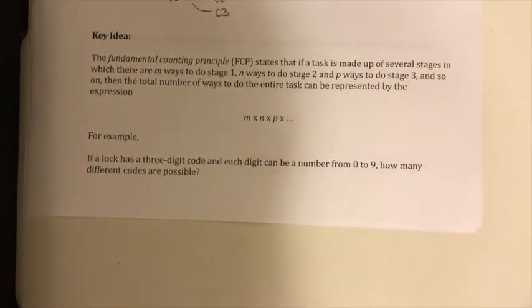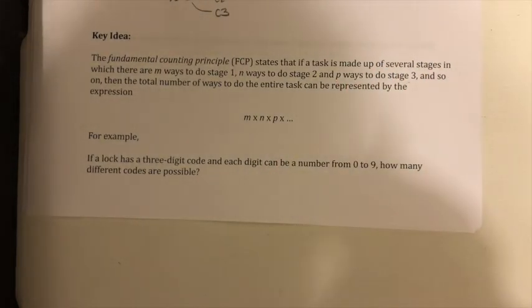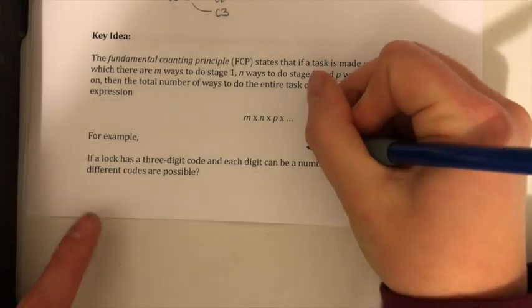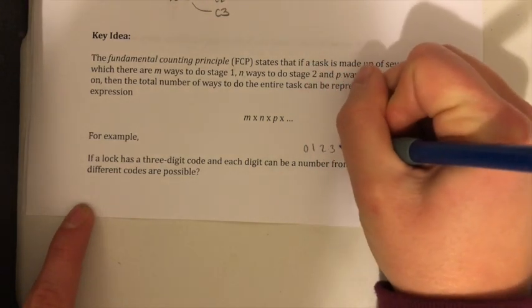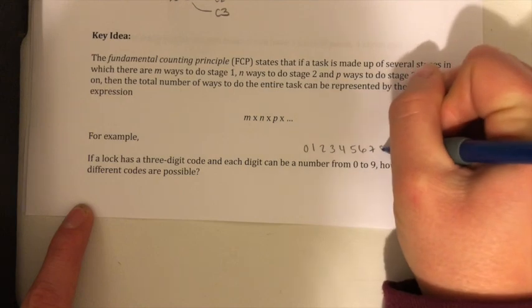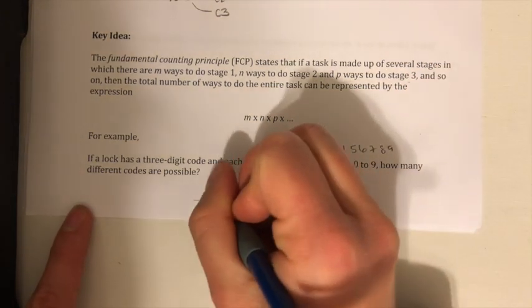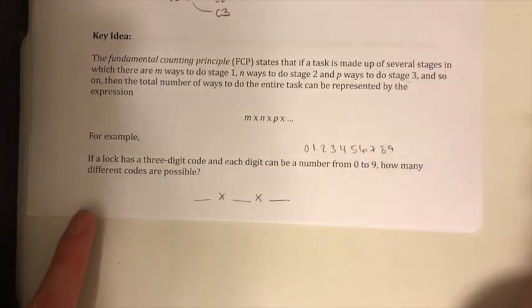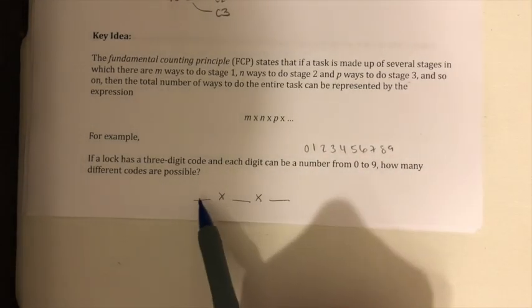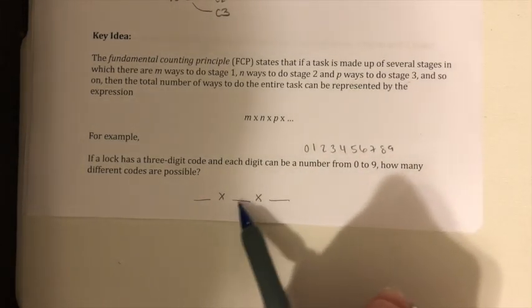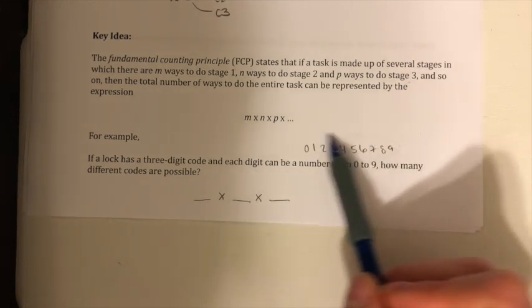Okay, for example, if a lock has a 3-digit code and each digit can be a number from 0 to 9, how many different codes are possible? The way that I like to set up the fundamental counting principle is to say, okay, I've got 3 different things that I need to choose a number for.